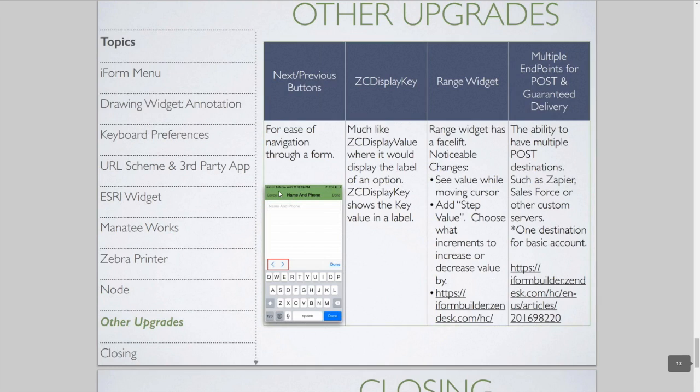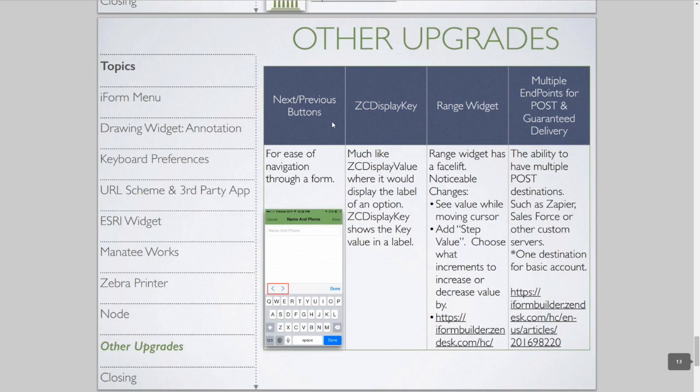And just some other various upgrades that we did. I've already talked about next and previous, so you can quickly go between different elements. But we also added ZC display key. For those who know what the ZC display value is, when you use a pick list and you want to get whatever value was in that pick list, if you just put in a pick list data column name, it would give you the index number.